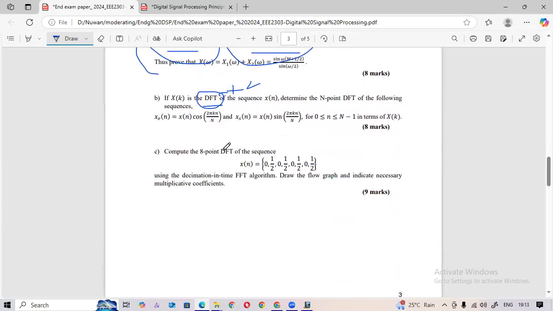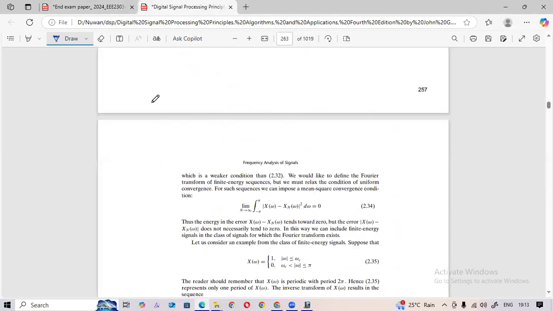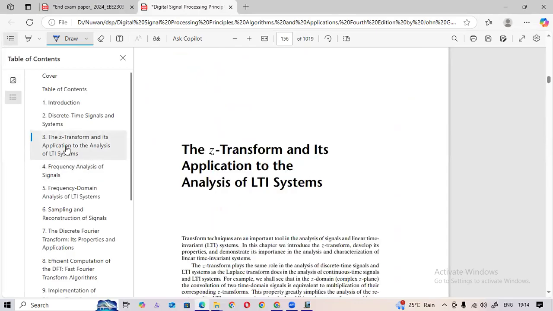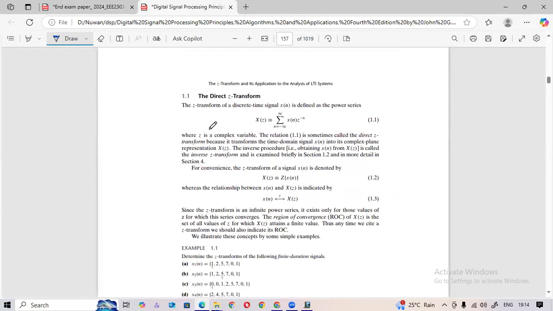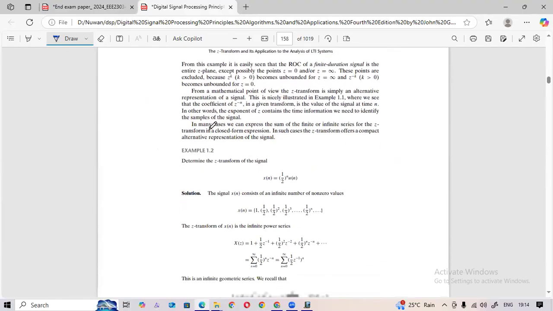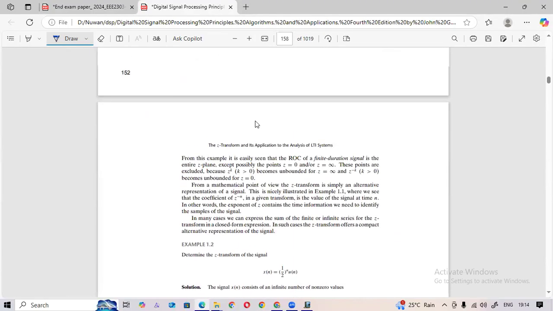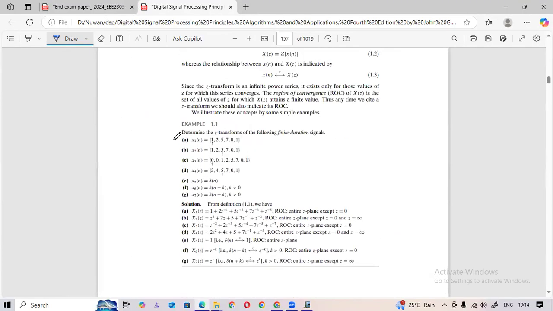So question 3 will be on the discrete Fourier transform and Z transform. For the Z transform, I think you need to know only the basic things. For example, very easily you can find the Z transform of this kind of signals.